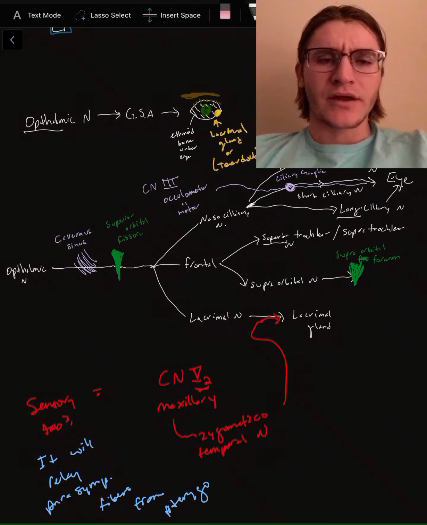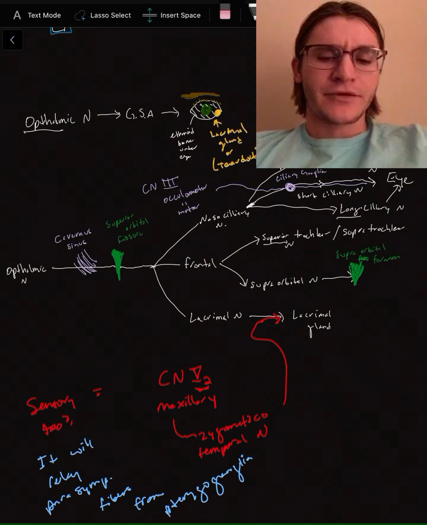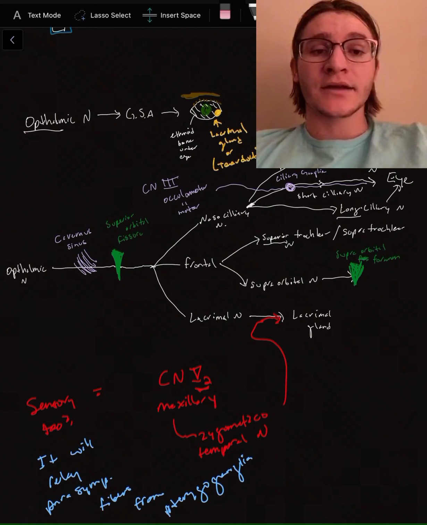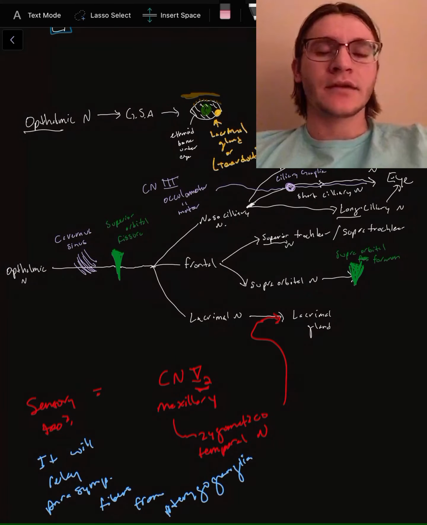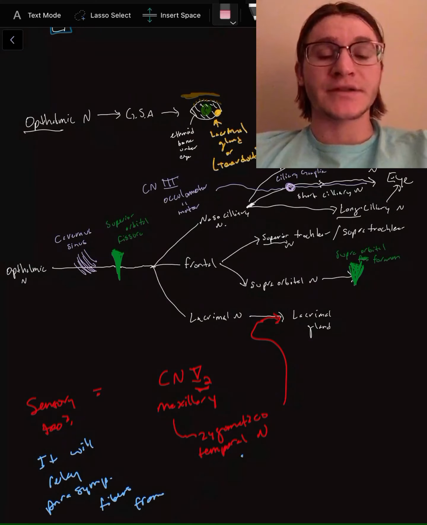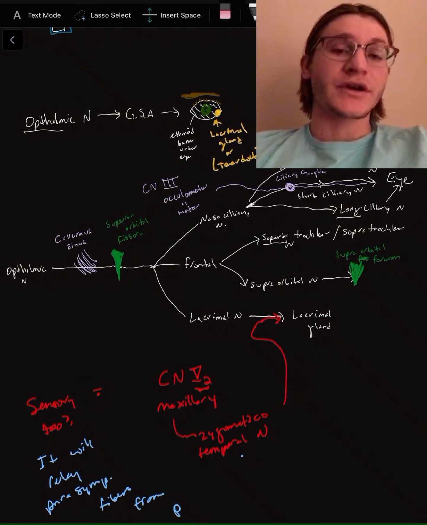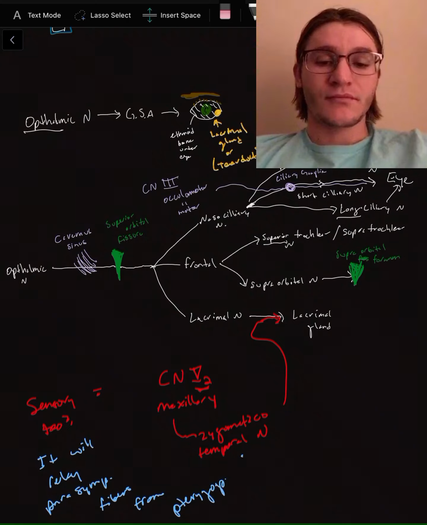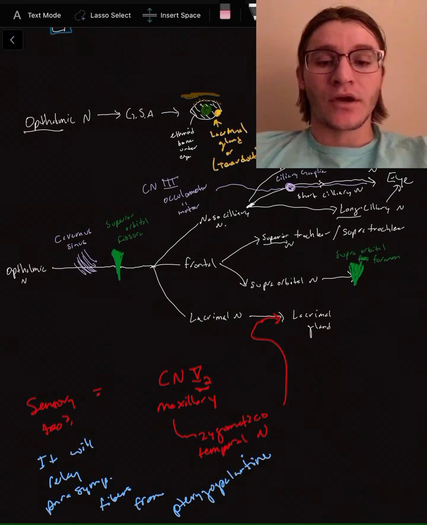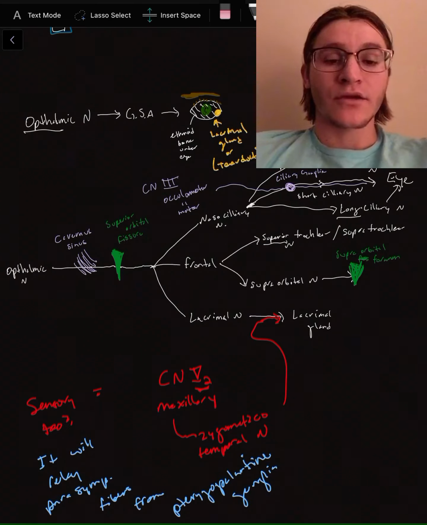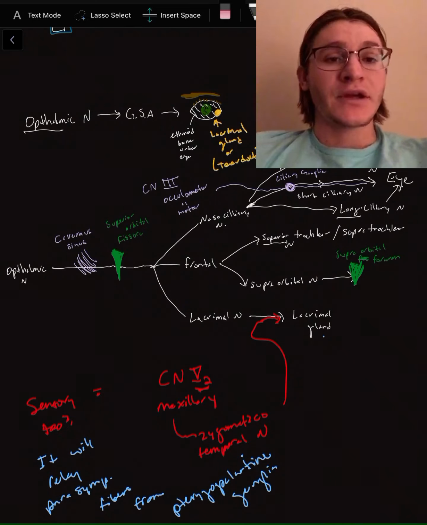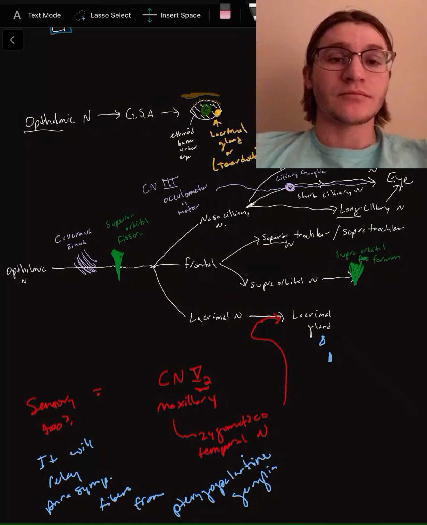I wrote it out wrong here at the beginning, but I'm going to fix it. It's the pterygopalatine ganglion, and that's what's going to supply the parasympathetic fibers, which are going to allow us to have tears. So once again, if we have our zygomaticotemporal nerve severed, we will not be able to produce tears.